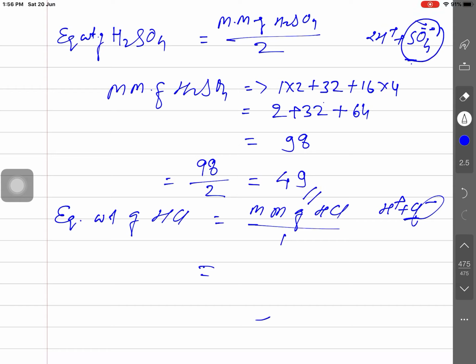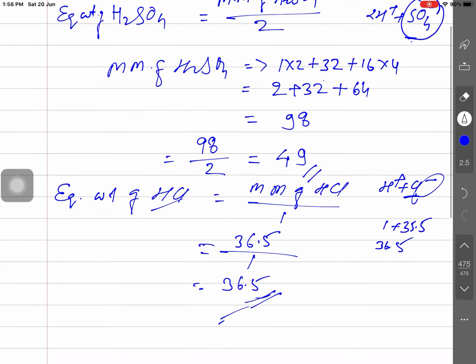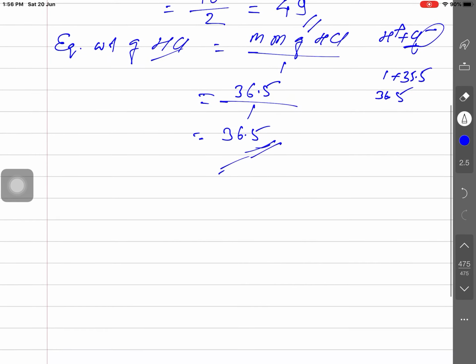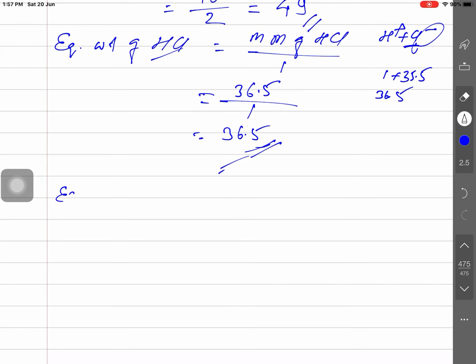Hydrogen is 1 and chlorine is 35.5, so the molecular mass is 36.5, divided by 1. So 36.5 is the equivalent weight of HCl.